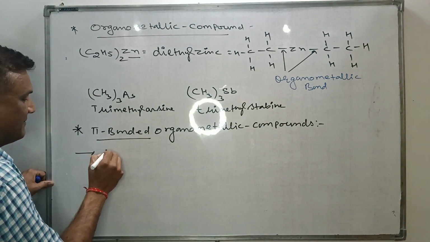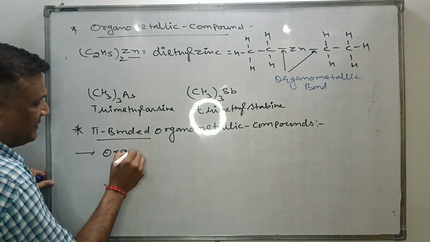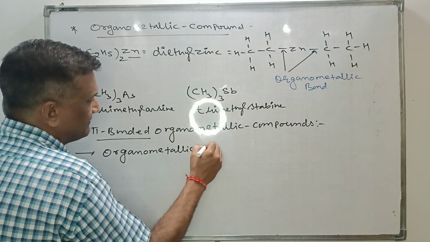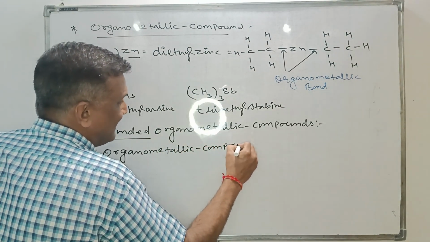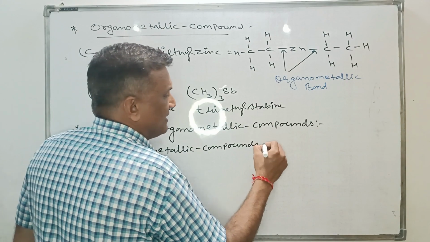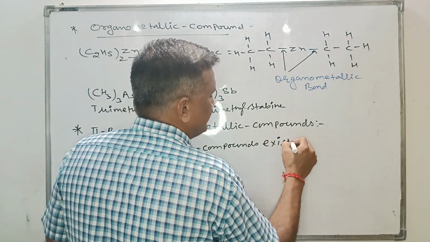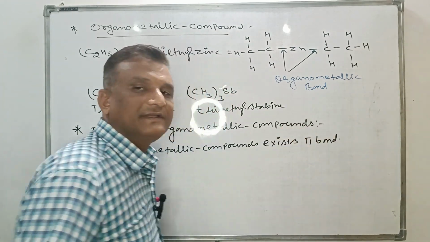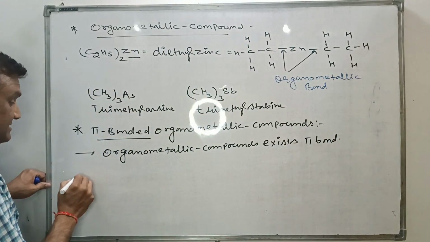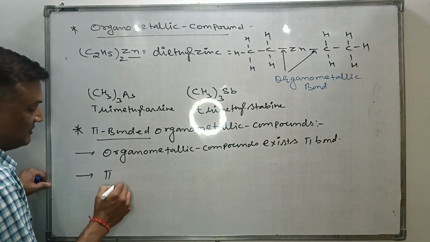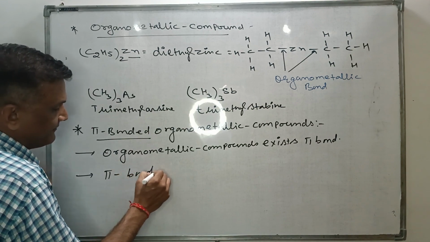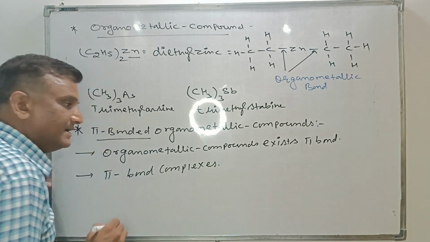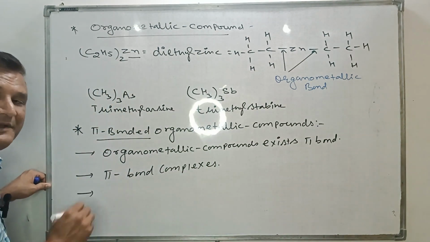These organometallic compounds exist with pi bonds. They are also called pi complexes, or pi bond complexes. There will be a lot of examples.